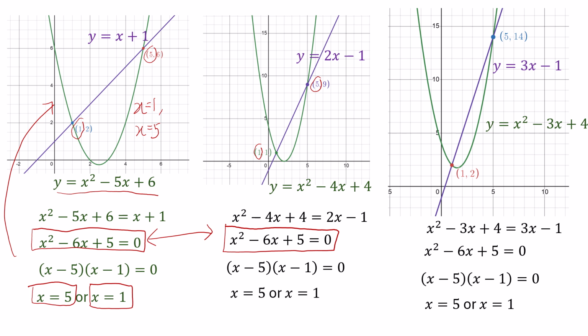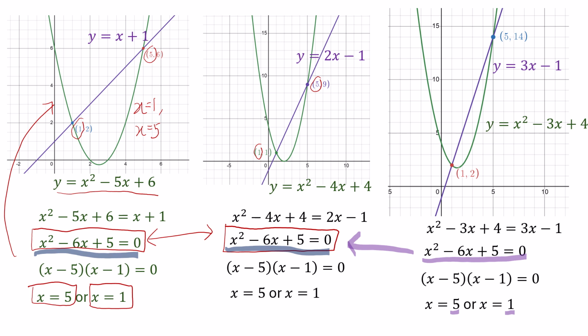But you see that the x coordinates are the same because we are dealing with the same quadratic equation. If you look at the third diagram, I have a different curve and a different straight line. But if I simplify it, you see that, yes, I get back the same quadratic equation. So obviously when I solve it, I would get the same x coordinates.